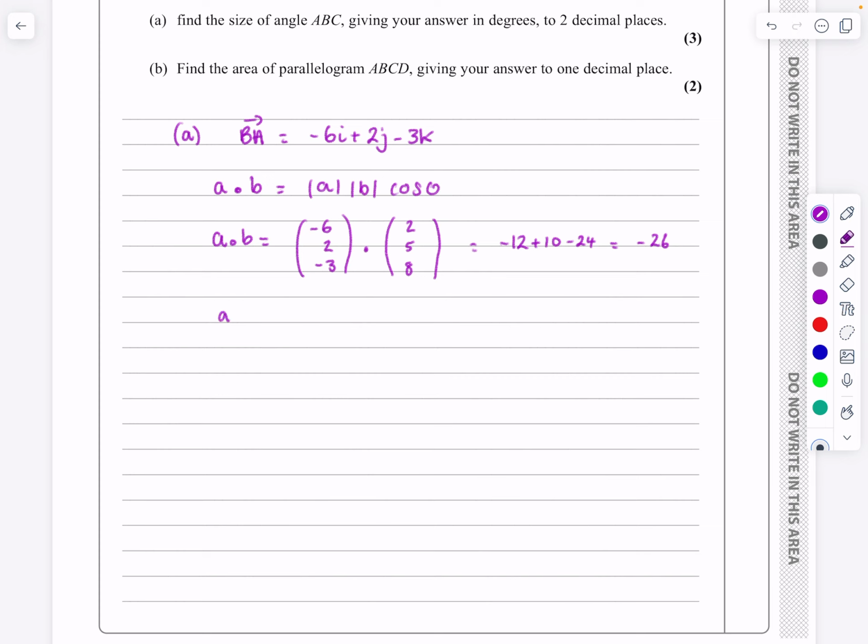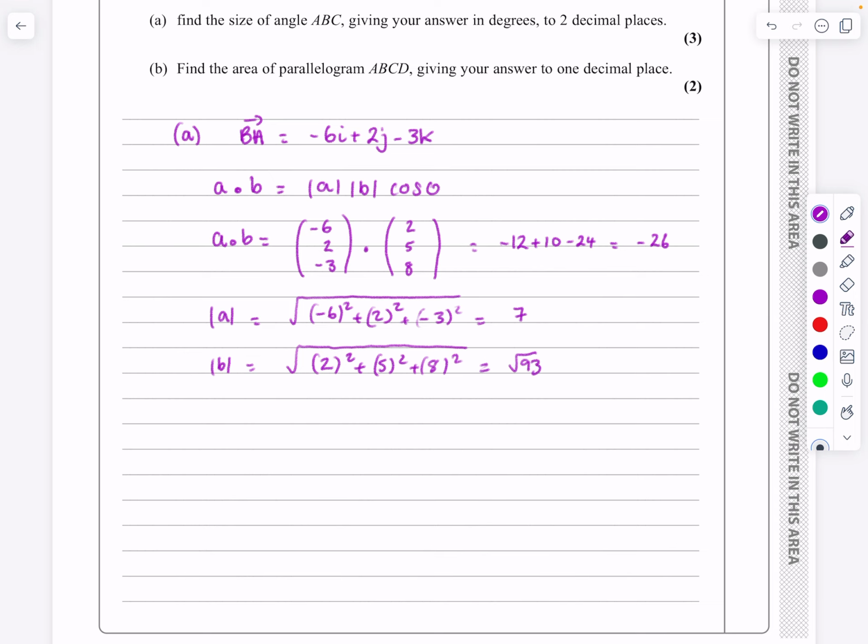Modulus A is just the square root of minus 6 squared plus 2 squared plus minus 3 squared. That works out to be root 49, or rather 7. Modulus of B just works out to be the square root of 2 squared plus 5 squared plus 8 squared. And apparently that's root 93.